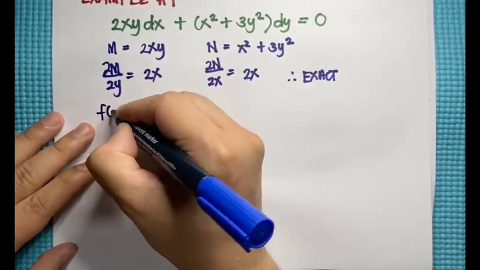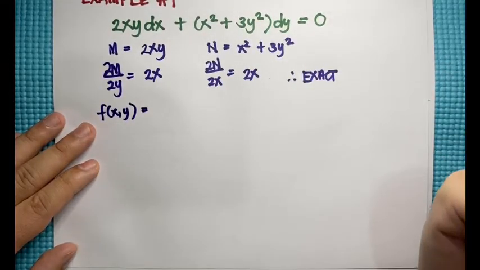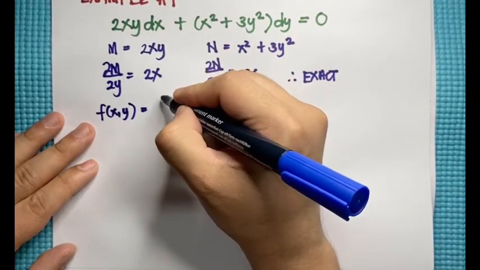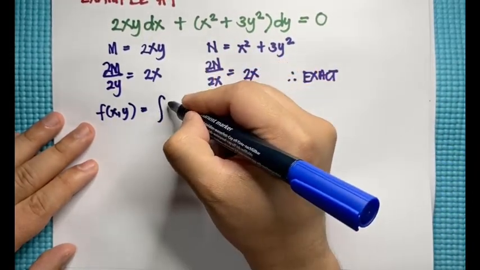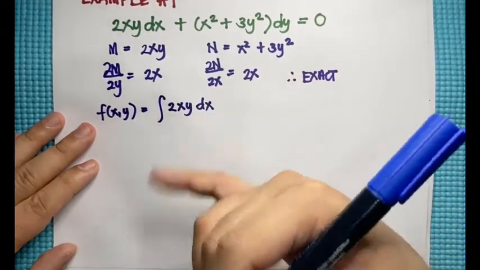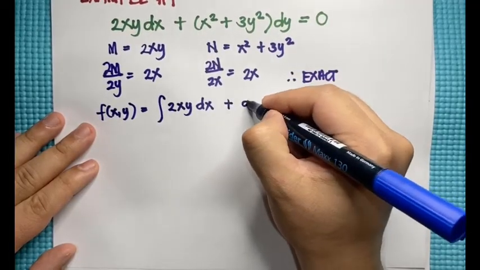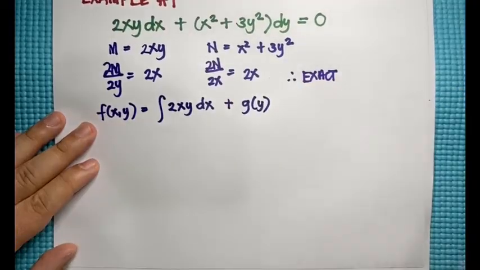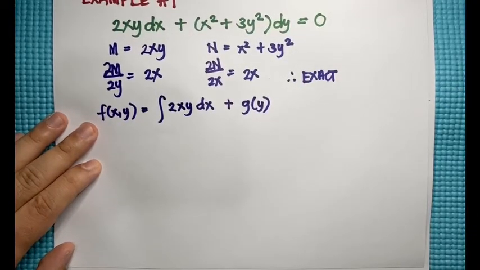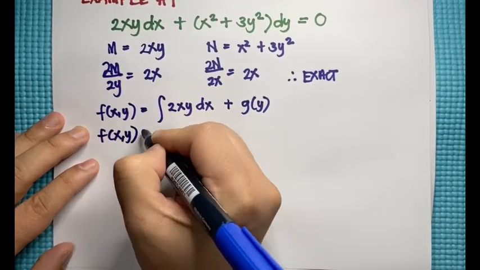So my f of x, y, which is the general solution, would be equal to the integral of 2xy dx. And since this is dx, I'll be adding the function g of y. And from here, I am now going to integrate.